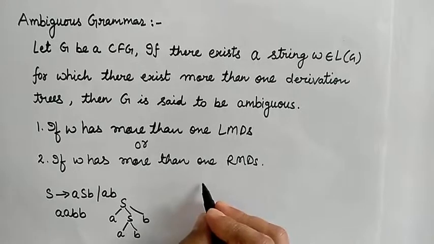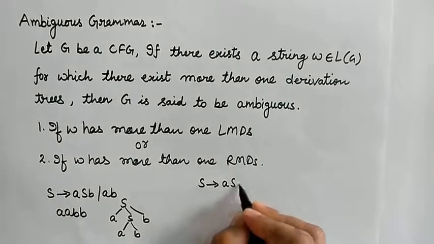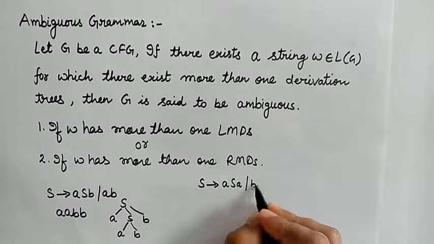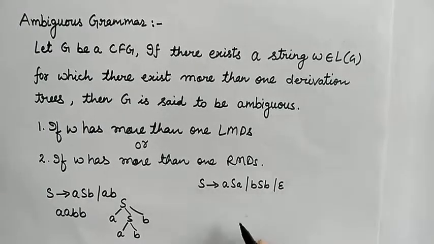We can take another example also. Let's say S → ASA | BSB | epsilon. So this grammar is also an unambiguous grammar, because for any of the strings there is no more than one derivation possible.